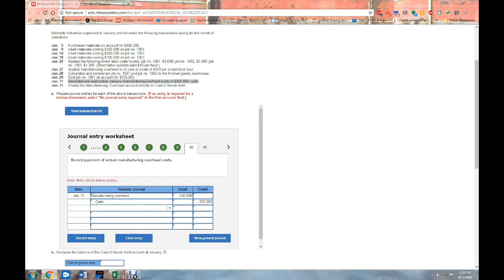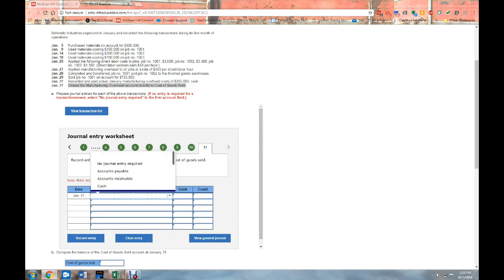So now, since we have actual costs, we need to close the manufacturing overhead account directly to cost of goods sold. Well, that tells us exactly which accounts we're dealing with. So the thing is, you need to decide which way it needs to go. Is it over-applied overhead or under-applied overhead?